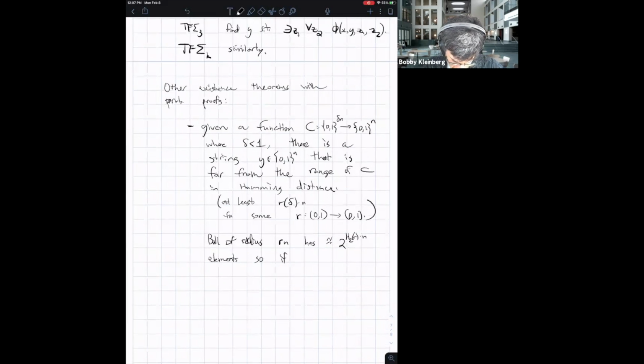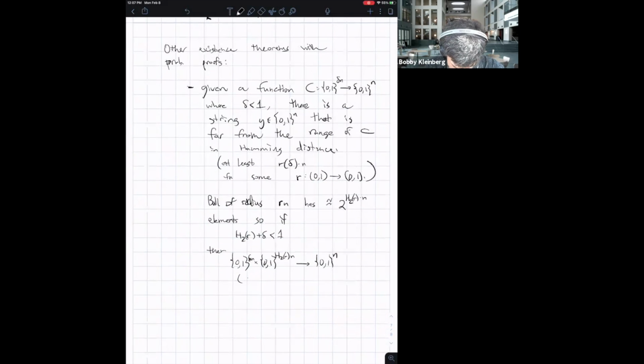So if H2 of R plus delta is less than 1, then we have a mapping from 0, 1 to the delta n cross 0, 1 to the H2 of R times n into 0, 1 to the n.